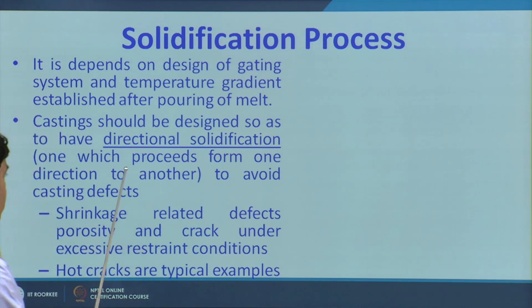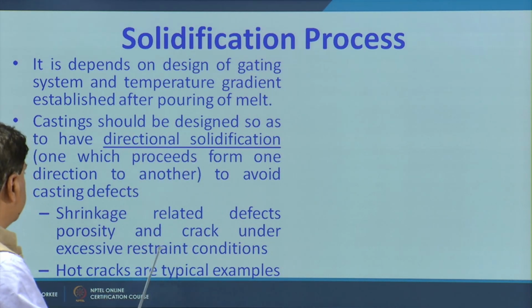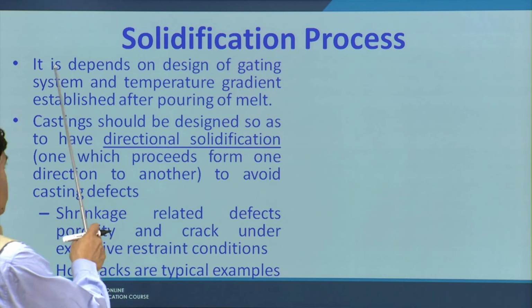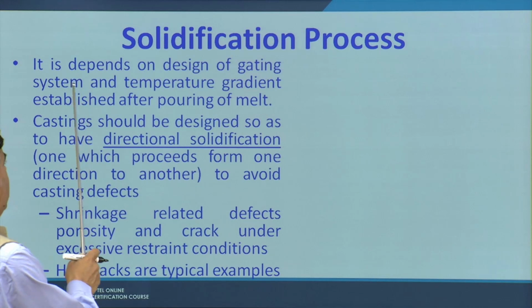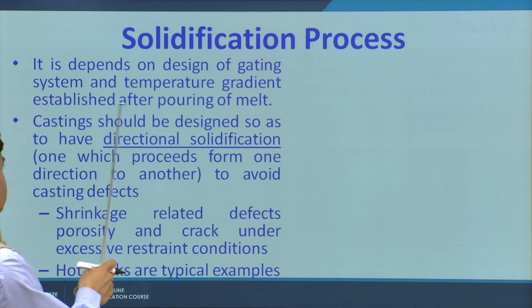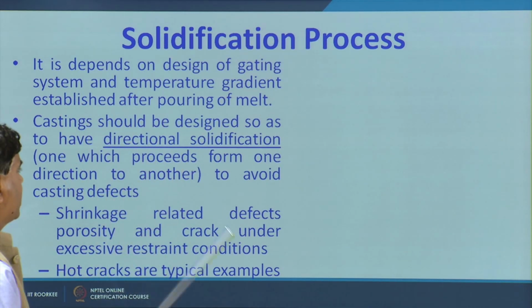So, when directional solidification is not achieved, these are the issues which are encountered. Proper solidification, meaning directional solidification, depends on the design of the gating system and the temperature gradient established after pouring of the molten metal.